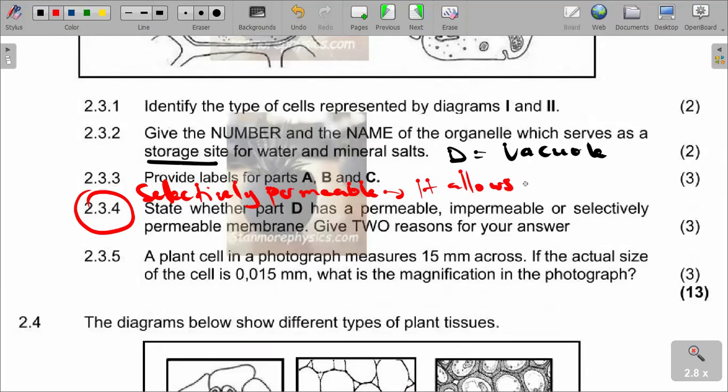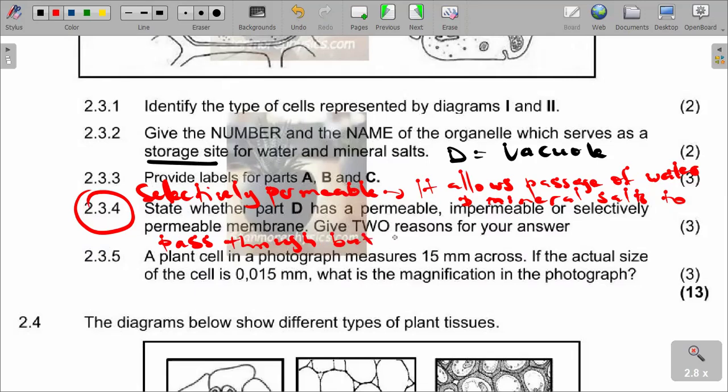It allows passage of water and mineral salts, but prevents large molecules from entering.